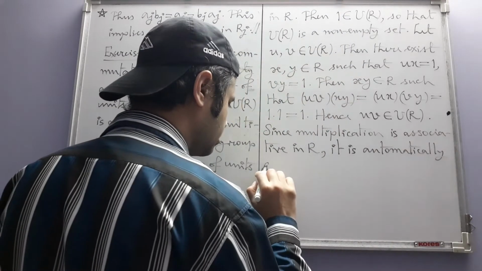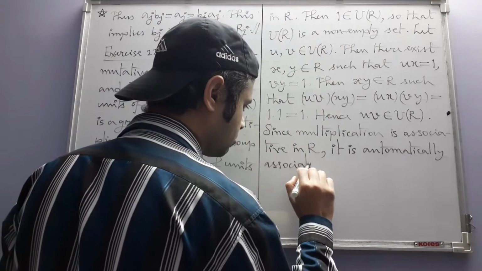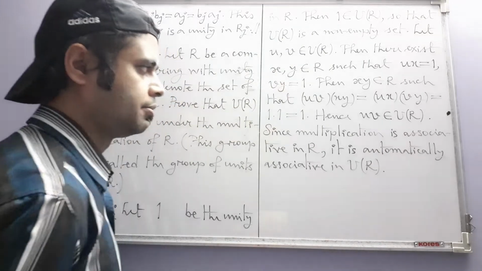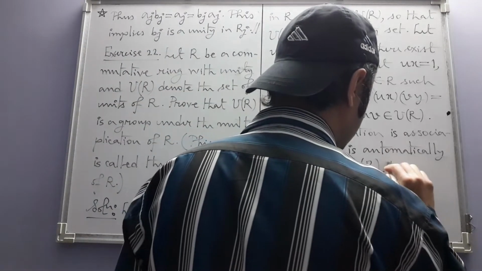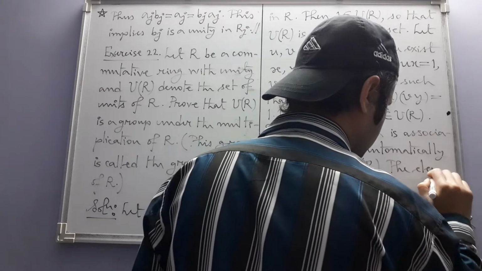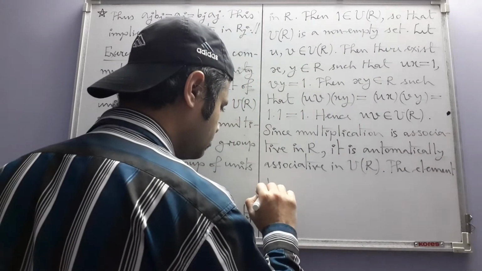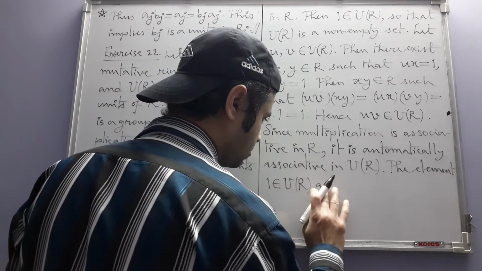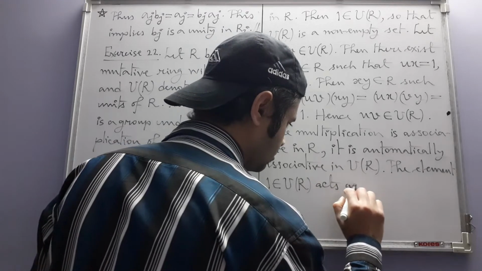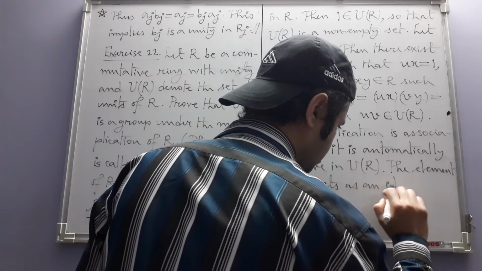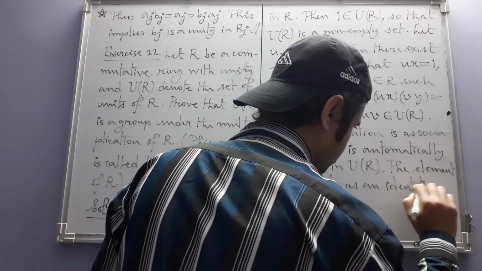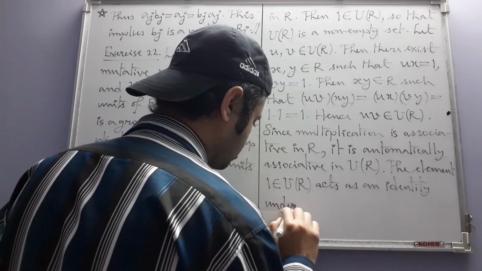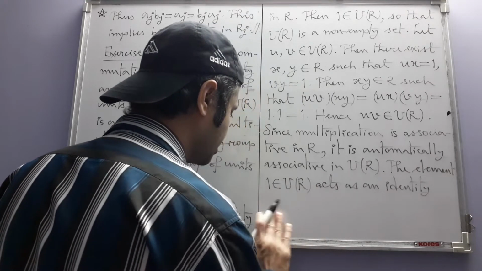It is automatically associative in UR. The element 1 belonging to UR acts as an identity under, or with respect to, multiplication.